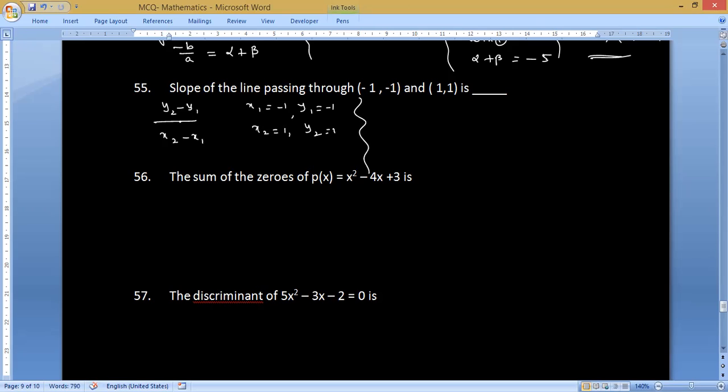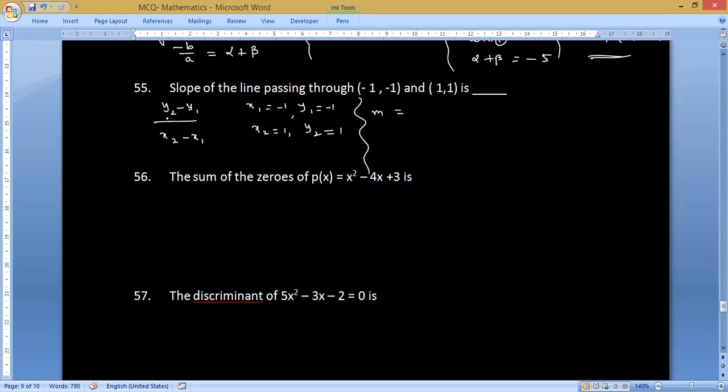So if I substitute, y2 minus y1 means 1. Slope is always indicated with the symbol m. The slope of the line is denoted by m.